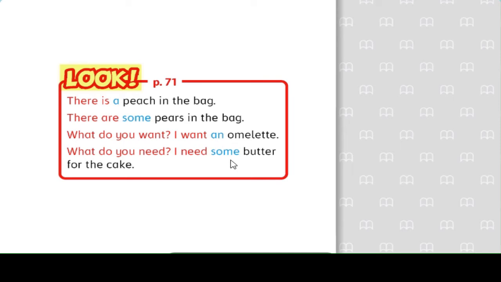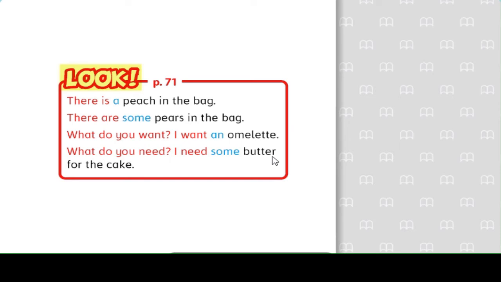As we said, some is a little bit different, because some means more than one, but not too much. For example, what do you need? I can say I need some butter for cake. So this example refers to something important, which is butter.